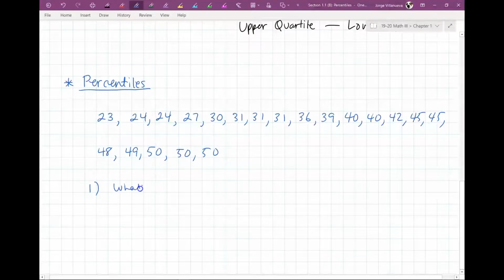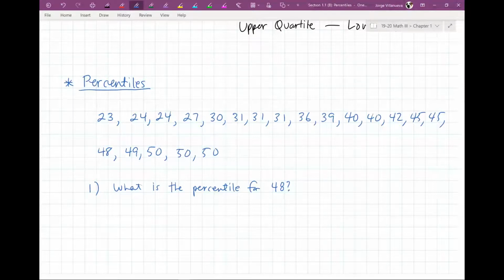Now this is pretty easy. Sometimes you're going to need a calculator, by the way, this will help, but this one is pretty easy. Which number is 48 listed as out of that list of 20?